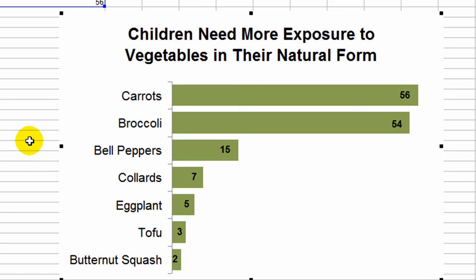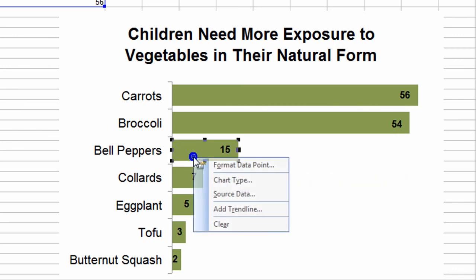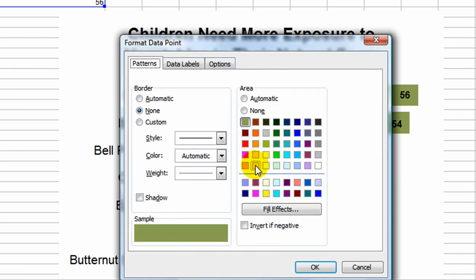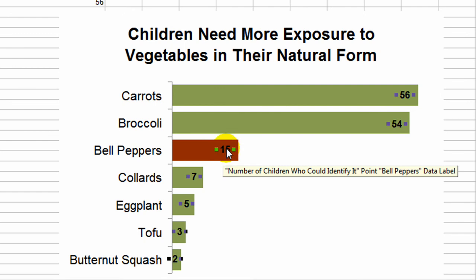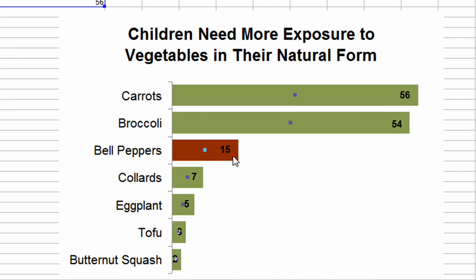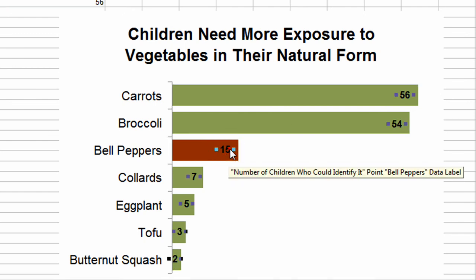One last thing you can do is highlight maybe your main point with color. So say I really want to highlight something about the bell pepper.